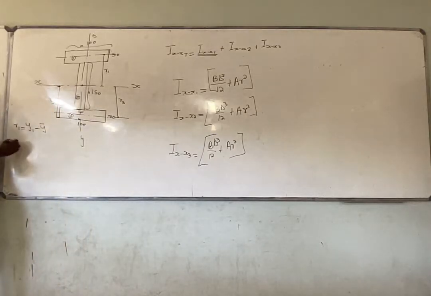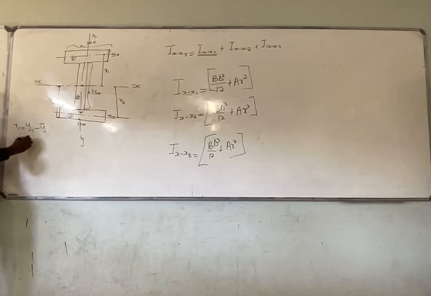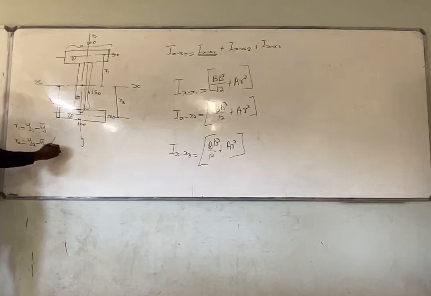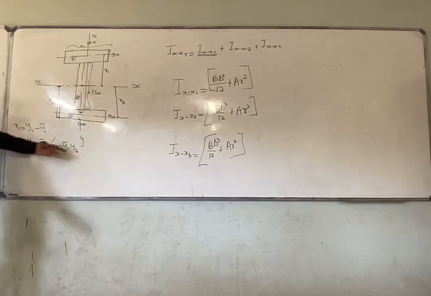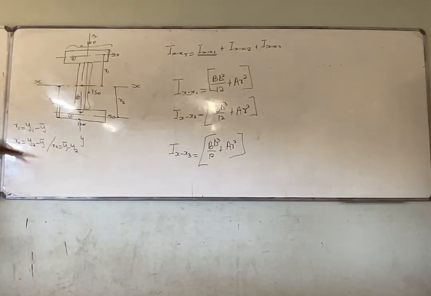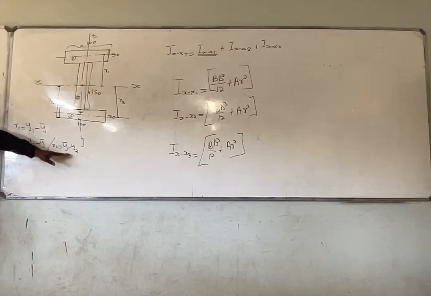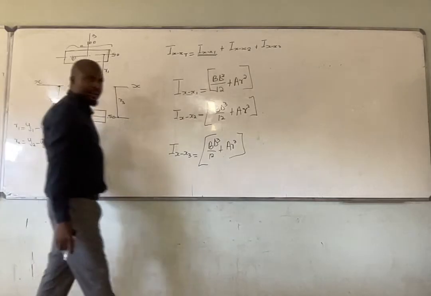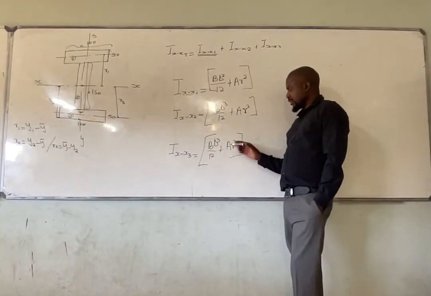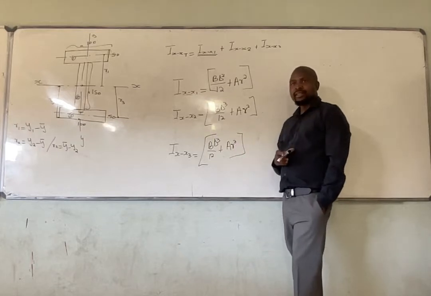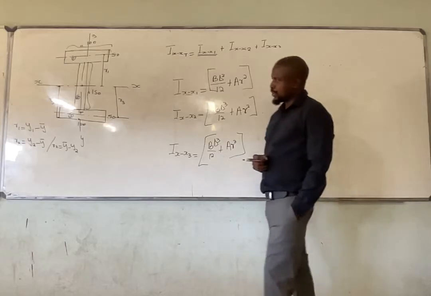So your R2 will be y2 minus y bar, or R2 is equal to y bar minus y2. You need to get the positive answer. It's either you put it in this manner or in that manner. It must give you the positive answer. But anyway, even if you calculate and find a negative answer, the square is going to correct that negative, because a negative squared is positive.